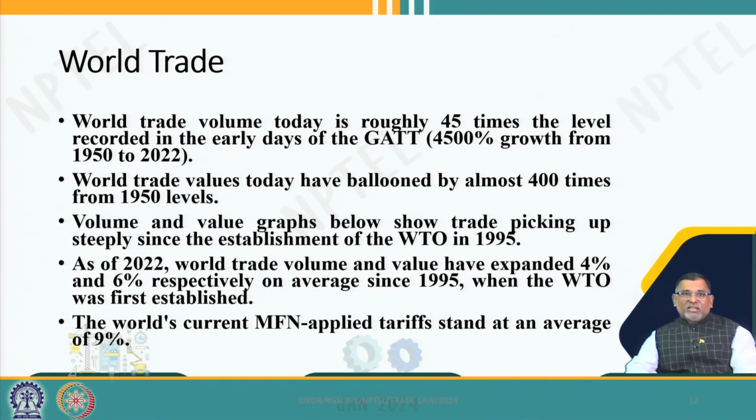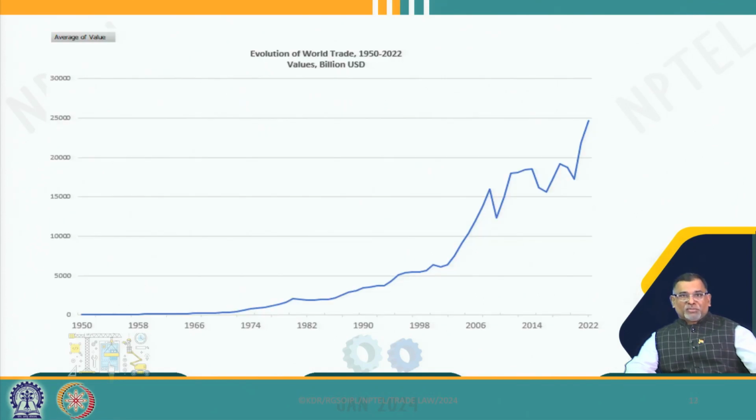In 2022, world trade volume has expanded by 4% to 6% on average from 1995 onwards. So, the growth rate is phenomenal because of the GATT arrangement as well as, especially after 1995, the constitution of WTO.